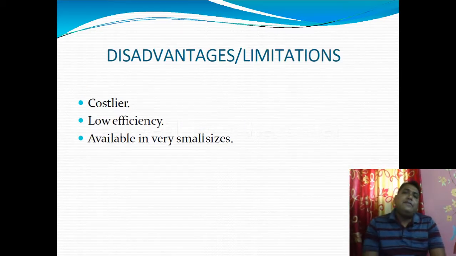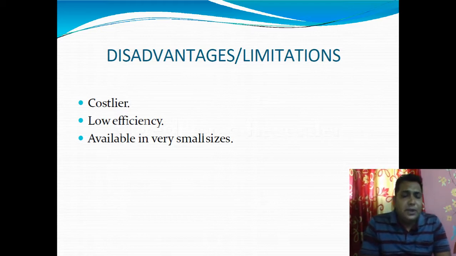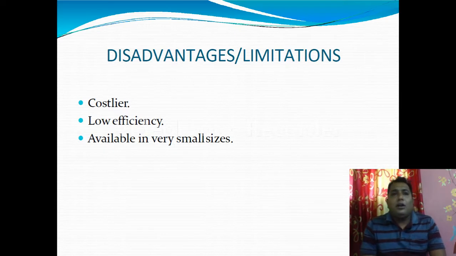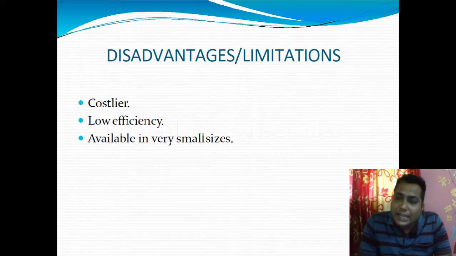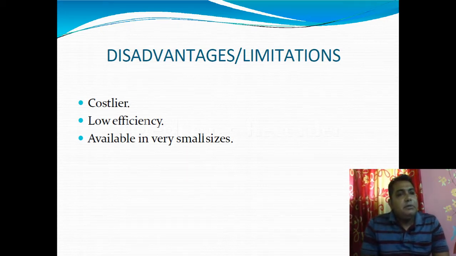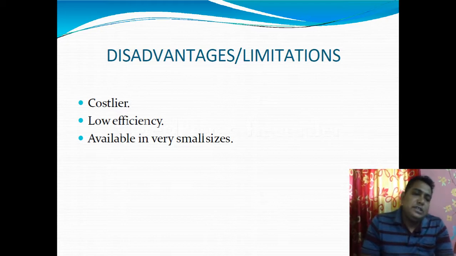Now the disadvantages and limitations. Definitely, as high grade magnetic material is used, it is costlier. As we are not using any winding or slots over the rotor, the flux cutting over the rotor is less, the pole generation is less, and the output of the machine is lower.